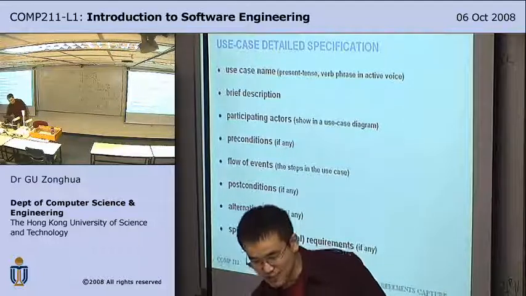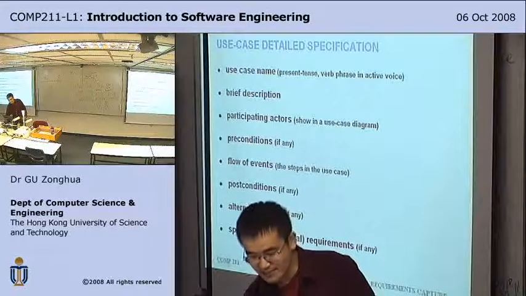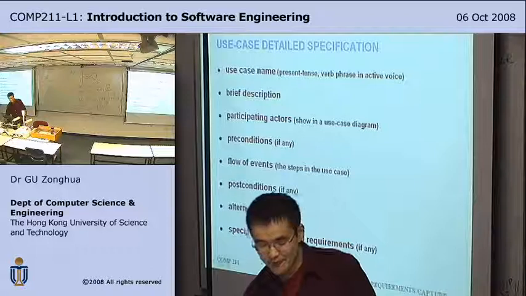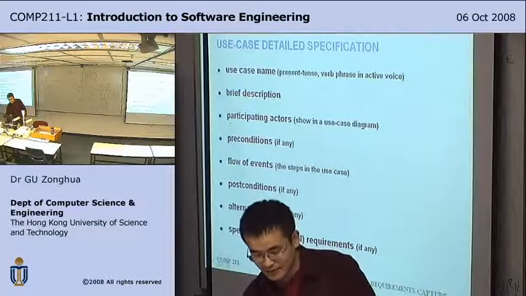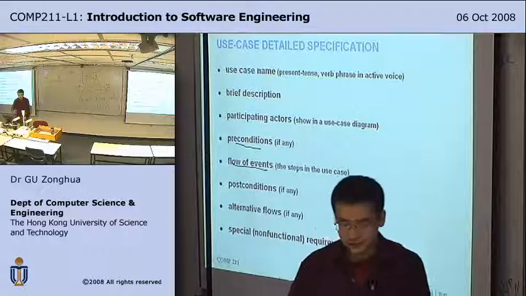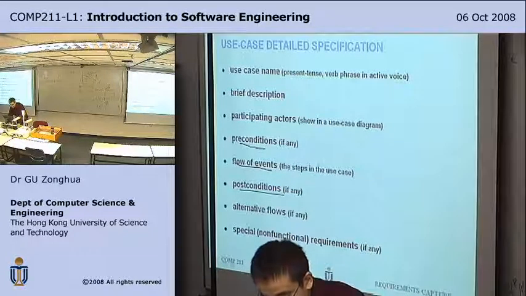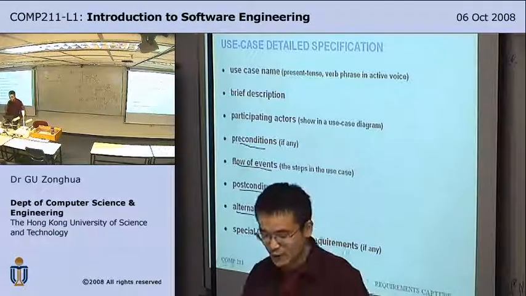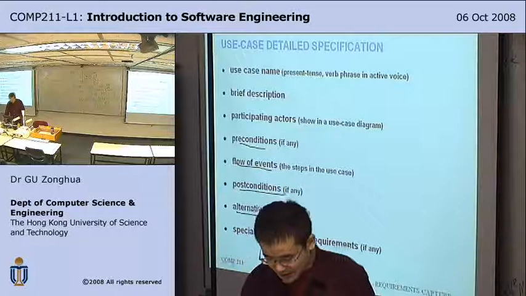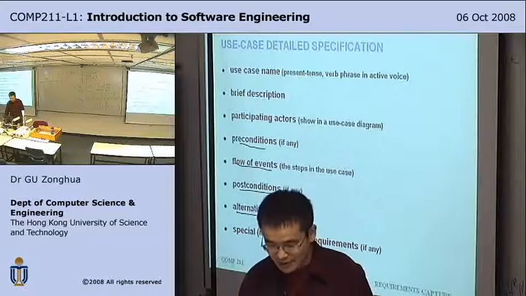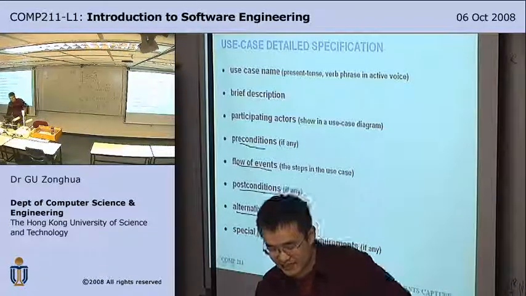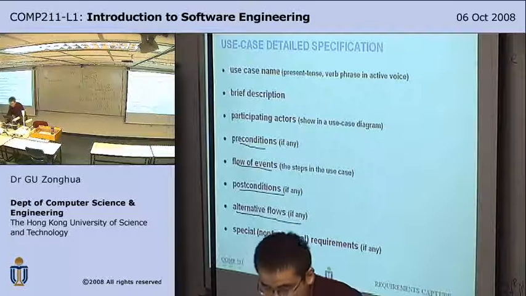So it includes use case name in the present tense, verb phrase, brief description of what it does, participating actors, precondition, flow of events, that is a step-by-step description of what you need to do for the use case, post-conditions, alternative flows, that is exception handling. If something wrong happens, what do you do? And special non-functional requirements, including, say, the 10% discount or security or response time requirements.